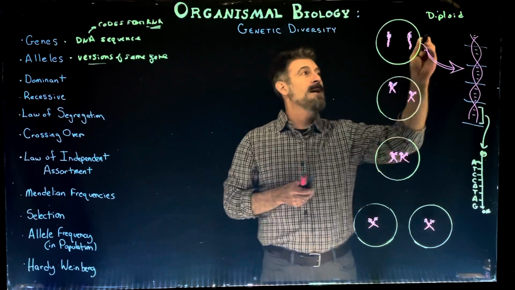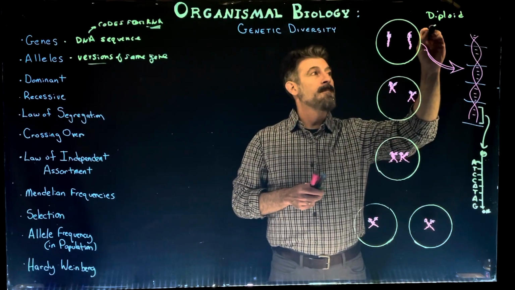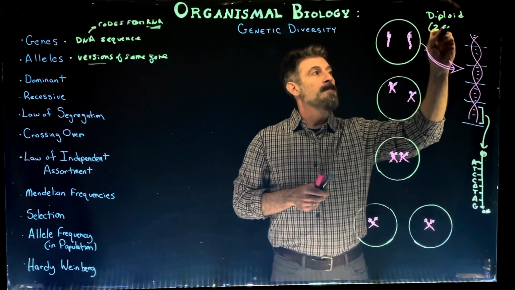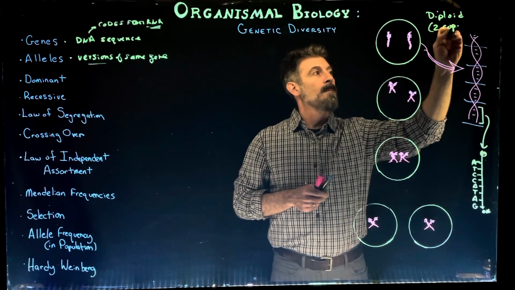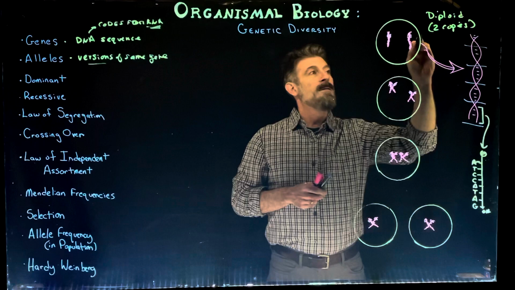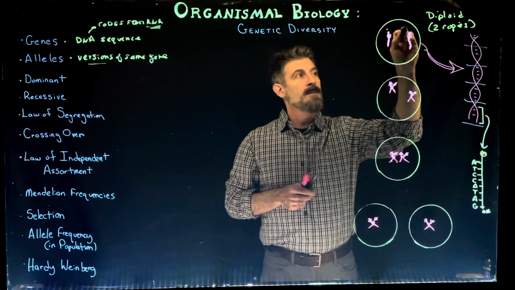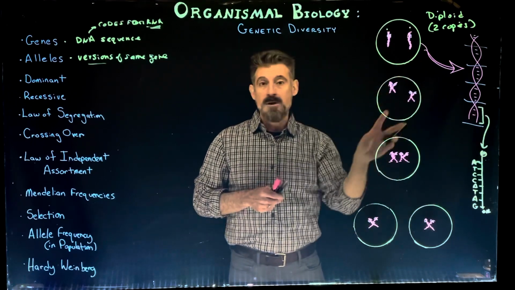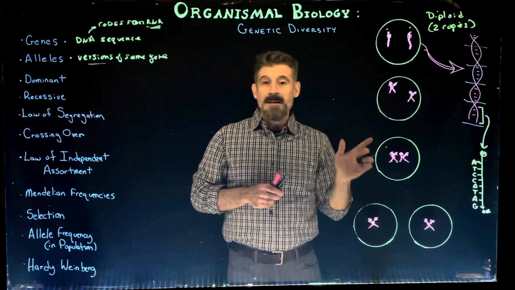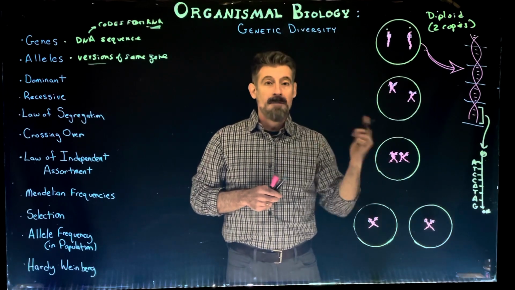And what that means is that they have two copies of each chromosome. So if this is a chromosome, that's the same chromosome. They have two of it. Now, they're not exactly the same because they came from parents.